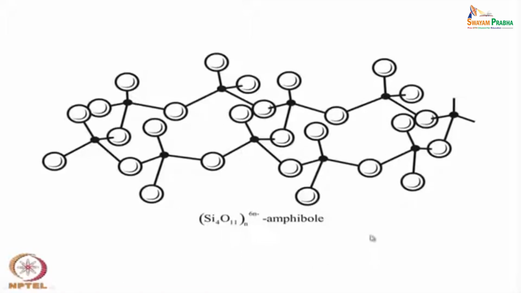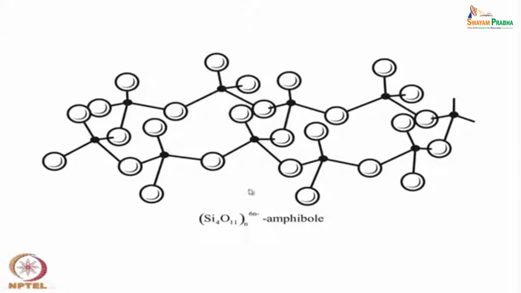That kind of structure, or the silicates, are called amphiboles, and this is the unit Si4O11, which is (Si4O11) 6n minus.